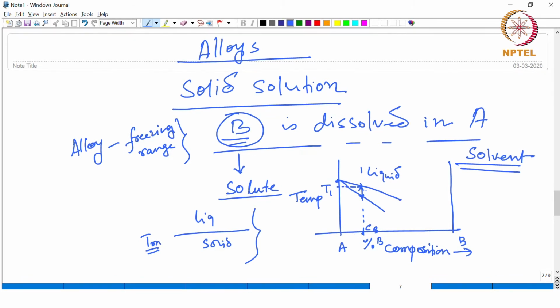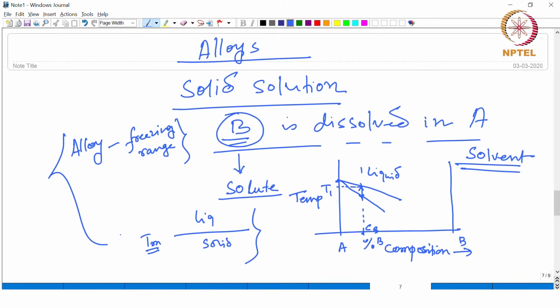So, due to that the conditions which lead to a particular type of microstructure, in this case the dendrites, those conditions will also be different, or the reasons or the driving force behind development of those conditions can be different because of the different ways of solidification that you have between a pure metal and an alloy.